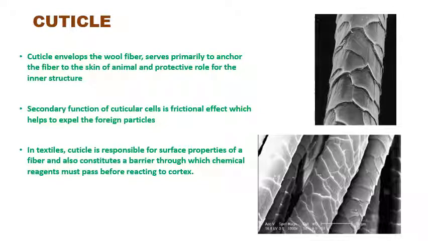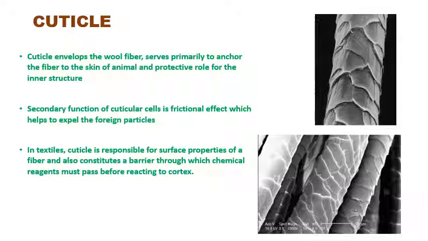This cuticle envelops the wool fiber and serves primarily to anchor the fiber to the skin of the animal, and it has a protective role also. The secondary function of cuticular cells is a frictional effect, which helps to expel foreign particles. So basically it has a protective role for the inner fiber.